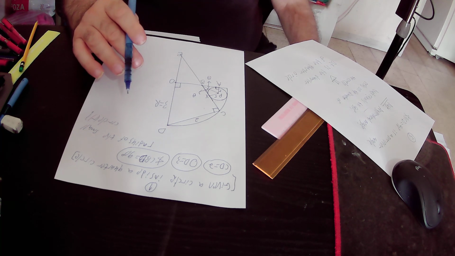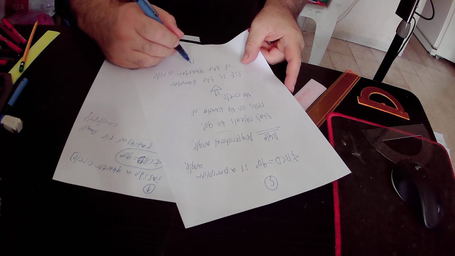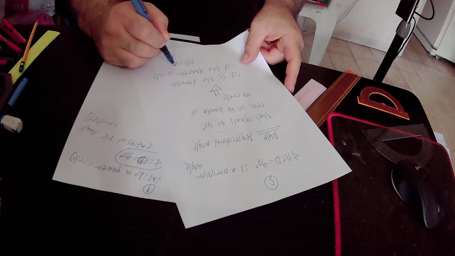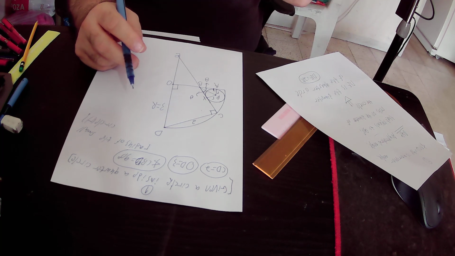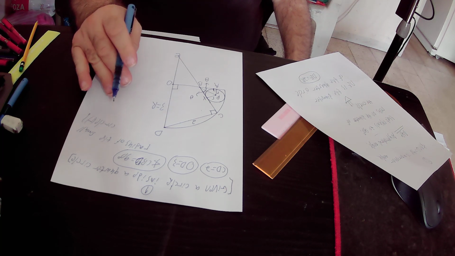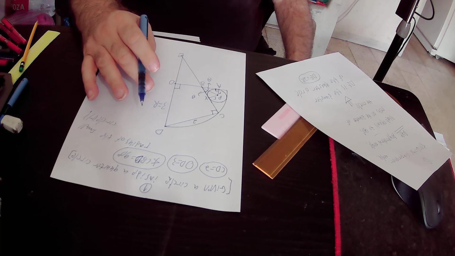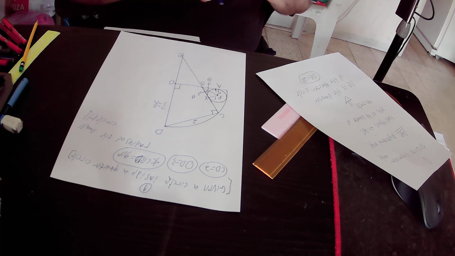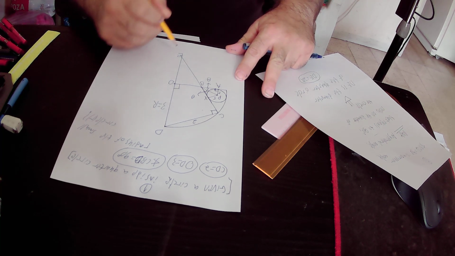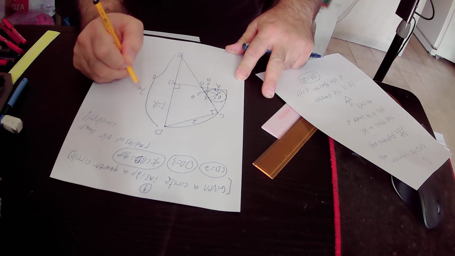So DE equals 2R, 2 capital R. And we know that DO equals R. So DE equals 2R because it is the diameter of the quarter circle.